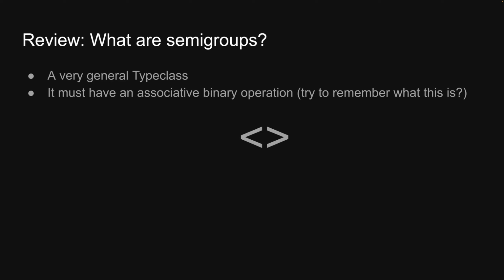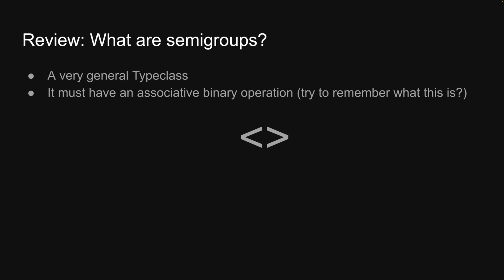So it looks like the less than greater than, which is in the title of our class, right? But not all associative binary operations look like this. You might have the plus, or you might have the double plus.